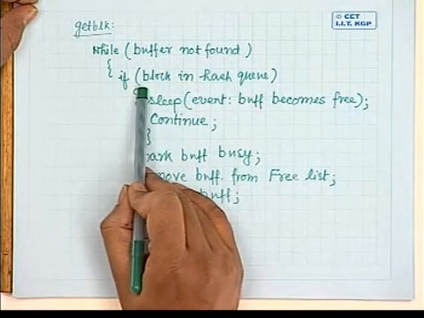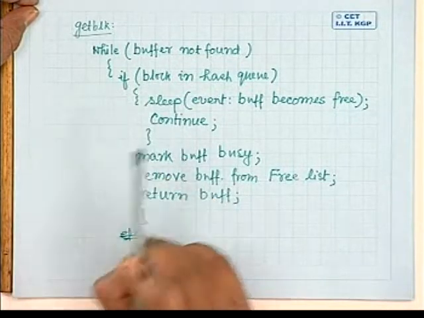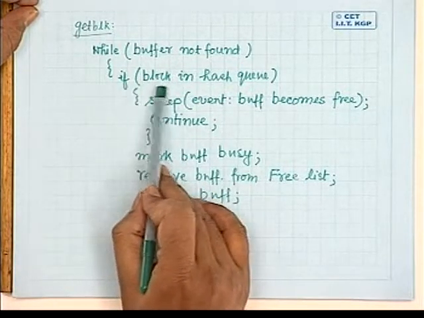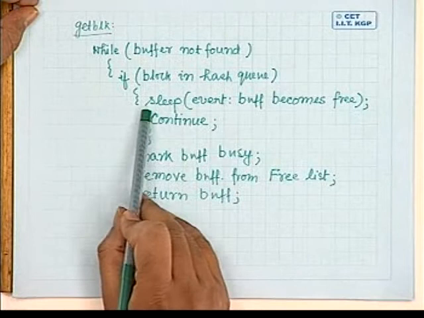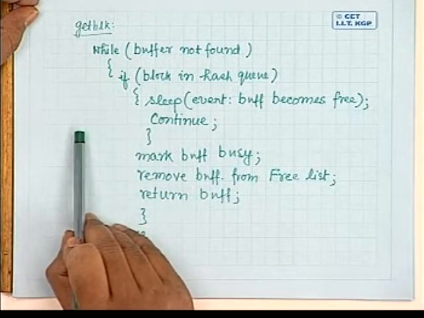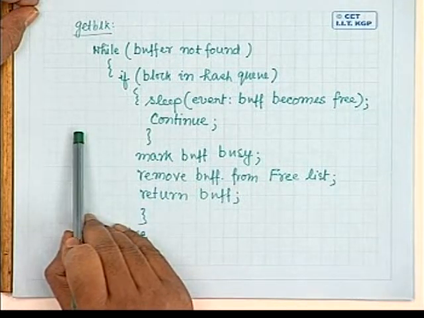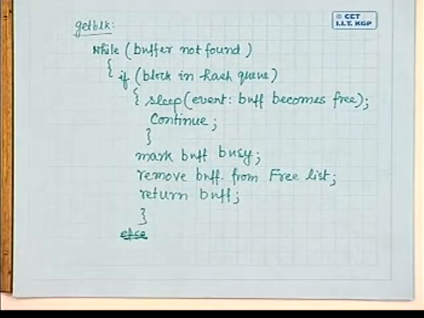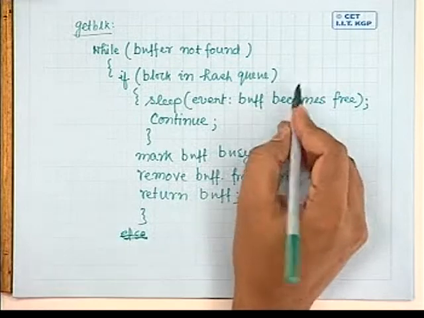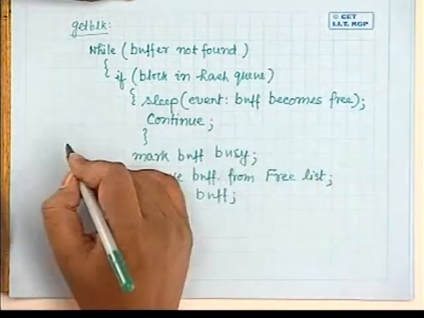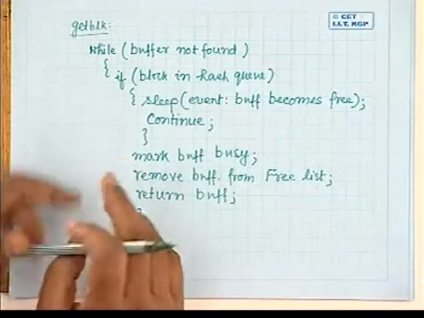Otherwise, the data is not present in the buffer cache. So there should be one more condition: that the block is present in the hash queue and at the same time the buffer is locked. Okay, I'll put it here.